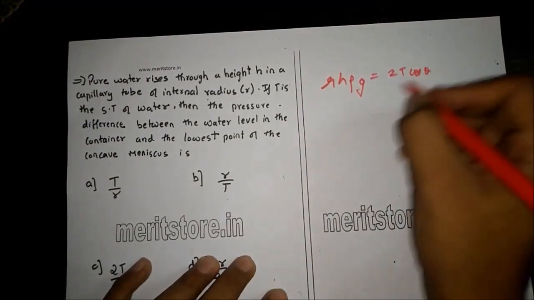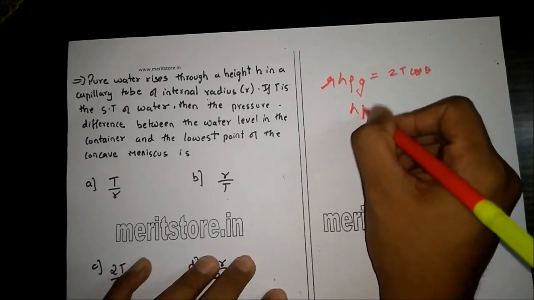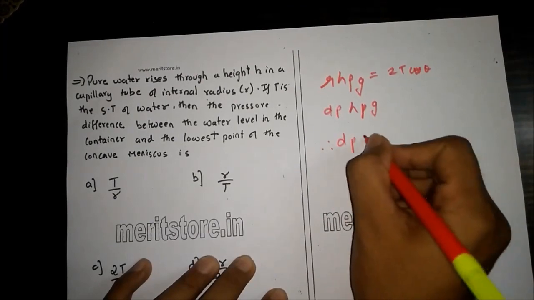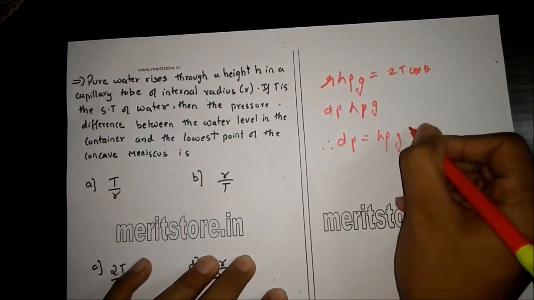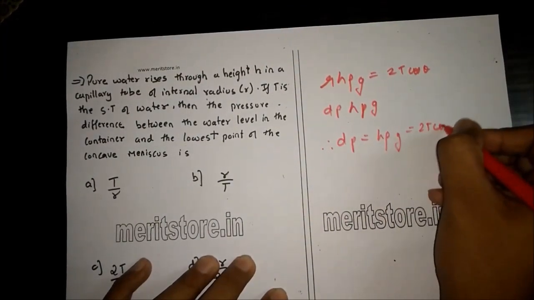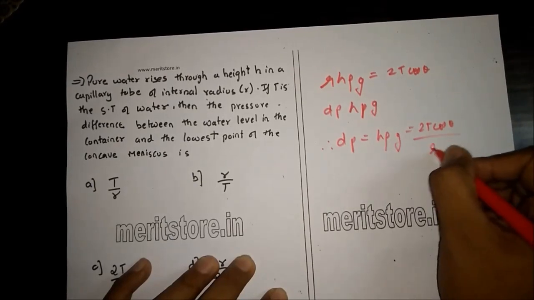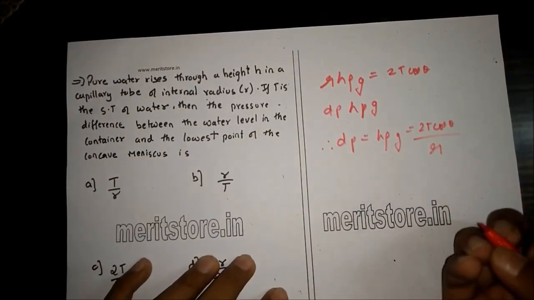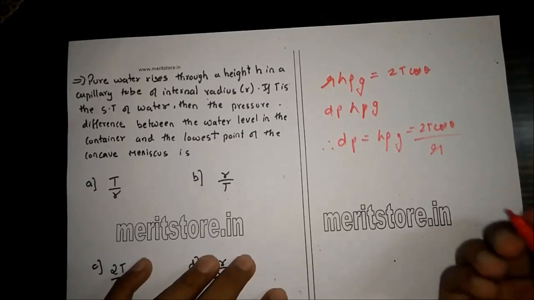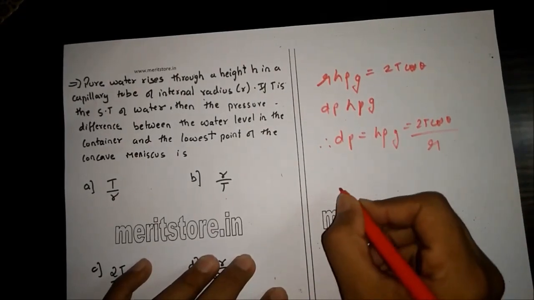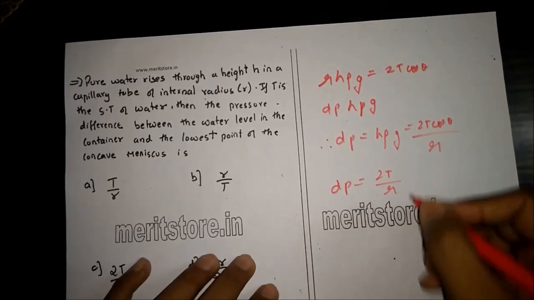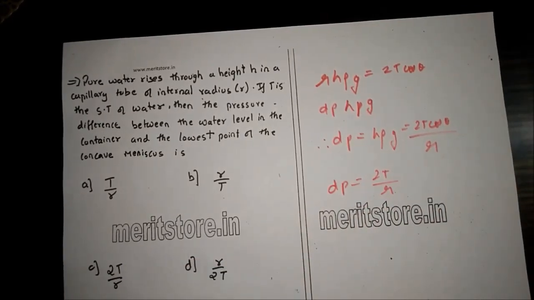And the pressure difference is h into rho into g, which is dP. Therefore, dP is equal to h into rho into g, which is equal to 2T cos theta upon r. But for water, theta is equal to 0, therefore cos theta is equal to 1. Therefore, dP is equal to 2T upon r. Therefore, the correct answer here will be option C.